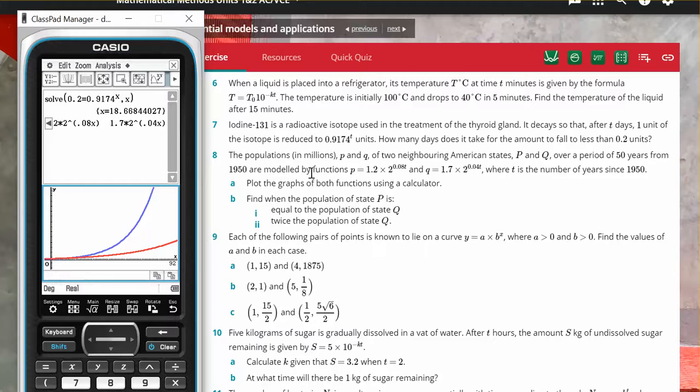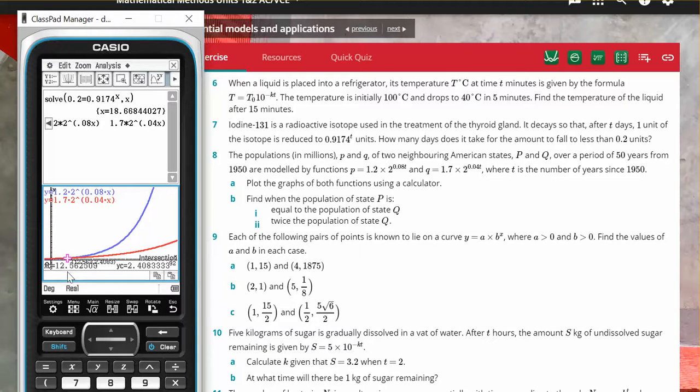Now, you're just going to plot these two graphs on the CAS calculator. If you look at the y-intercepts, you know that they're 1.2 and 1.7. You should be able to know that from your experience solving equations. You're trying to find when the populations are equal, so just go Analysis, G-Solve, Intersection.